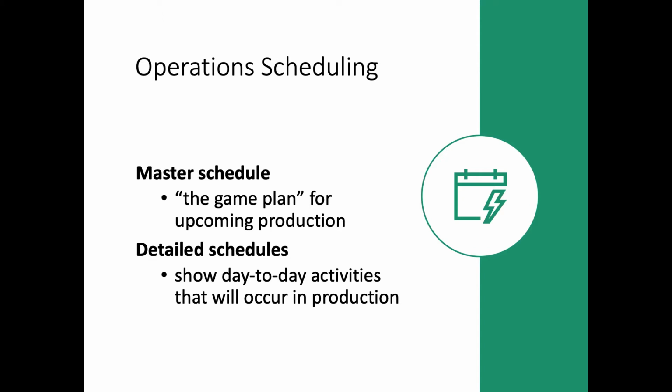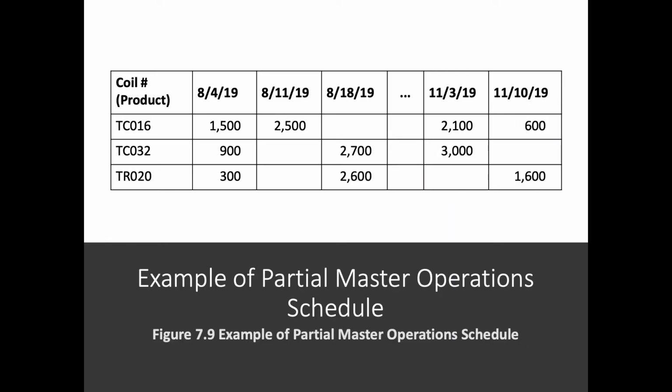From the master schedule derives all sorts of detailed schedules showing detailed day-to-day activities, how long each specific step will take, when resources need to be allocated where, including not only raw materials but labor hours, and therefore how you schedule personnel to come into production at what hours, on what shifts, and those kinds of things. But the point here is that all of that is driven by a master production schedule.